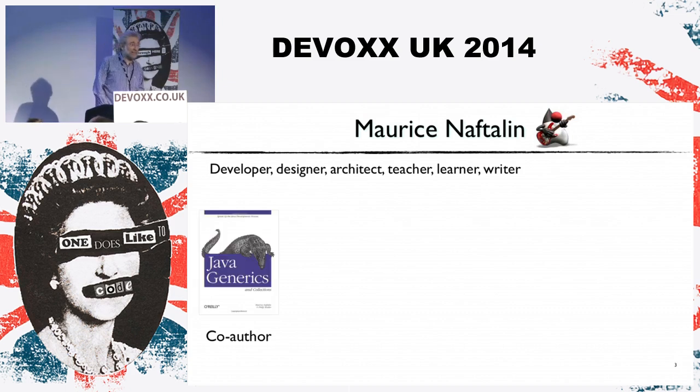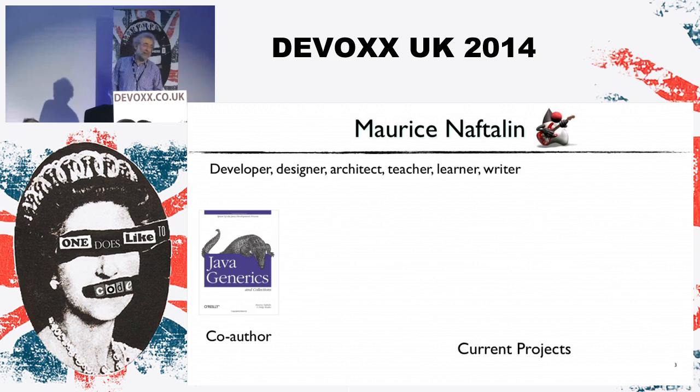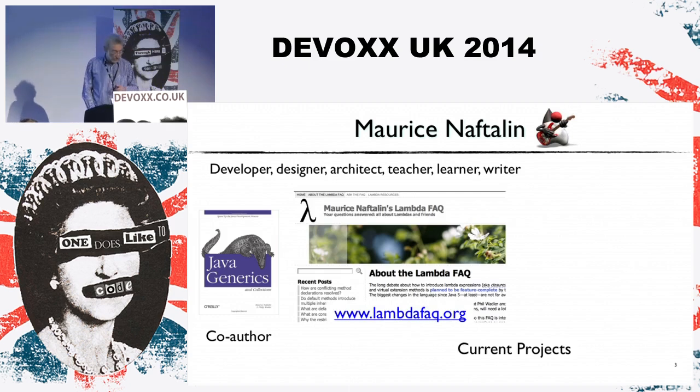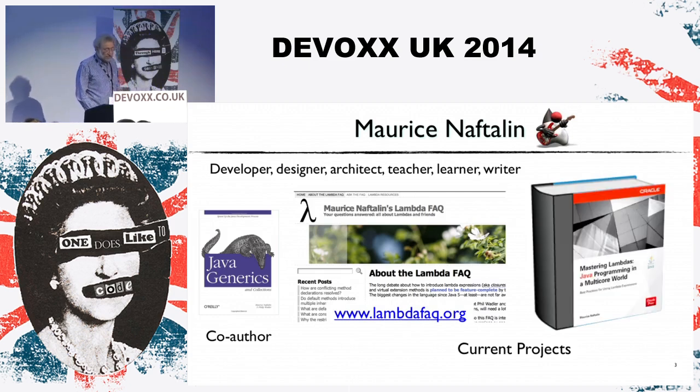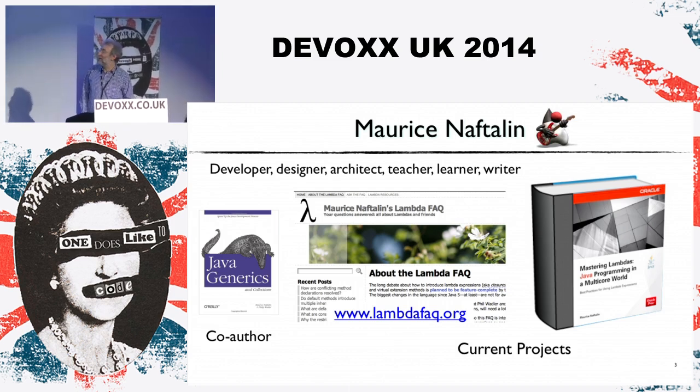I'm slightly known in the Java world as a co-author of what I always say, without any doubt, and nobody's ever contradicted me, is the best book on Java generics. Right, you got it. And my current projects were for a while the Lambda FAQ, which unfortunately got a bit neglected because I got involved in writing the nth book, where n is a large number, on lambdas.